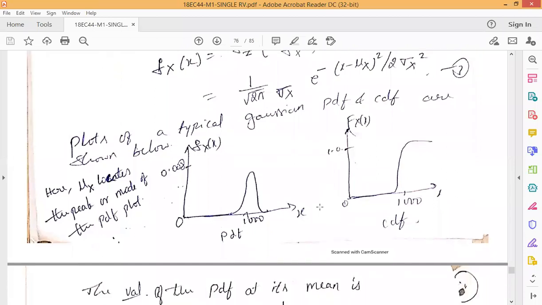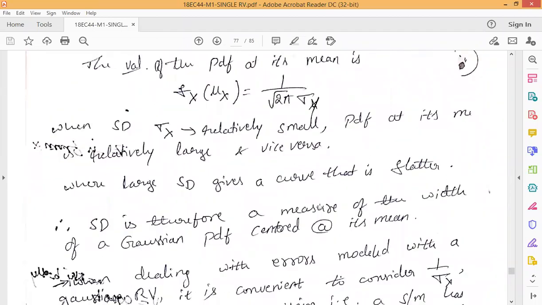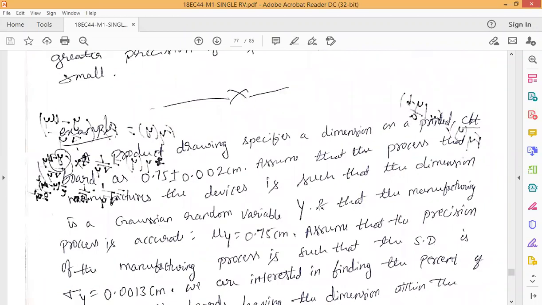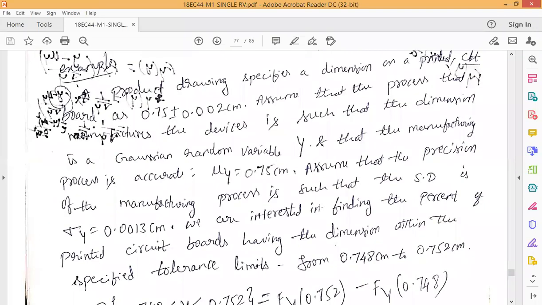And next we are going to take one more example. I will just read out the example that is given. A production drawing specifies a dimension on a printed circuit board as 0.75 plus or minus 0.002 centimeter.